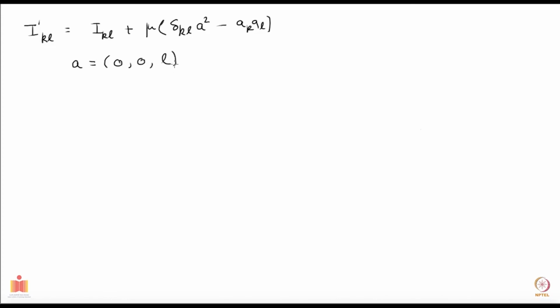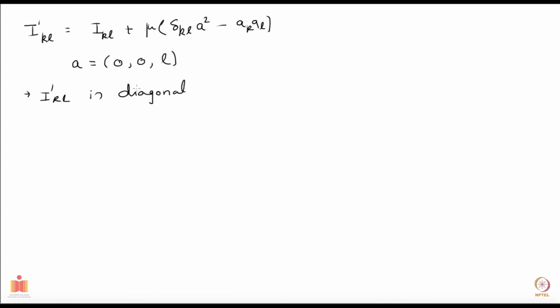Now if k is not equal to L, then the first term vanishes because the delta function vanishes, and the second term vanishes because it's a product of two numbers, one of which is always 0, because it's either the product of first and third, or second and third, and so forth. So it's clear that I prime KL is diagonal.